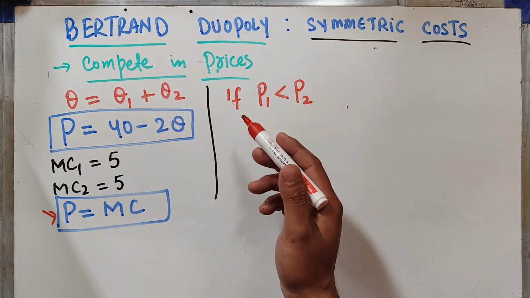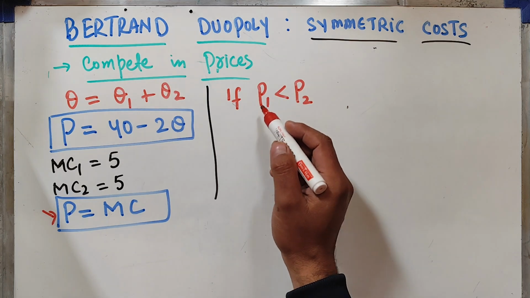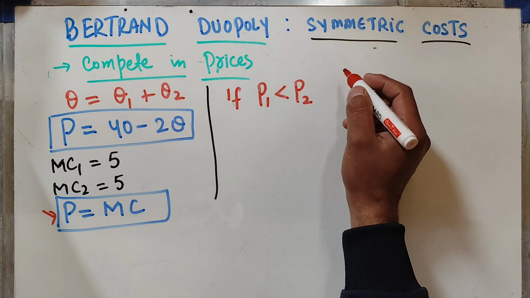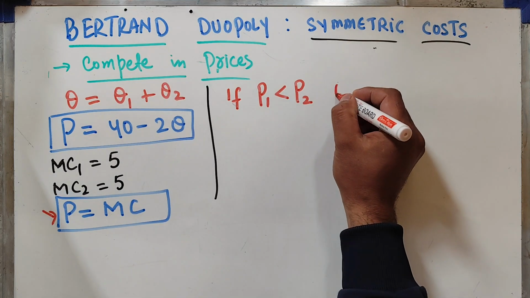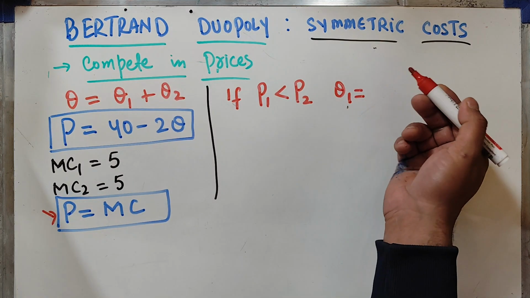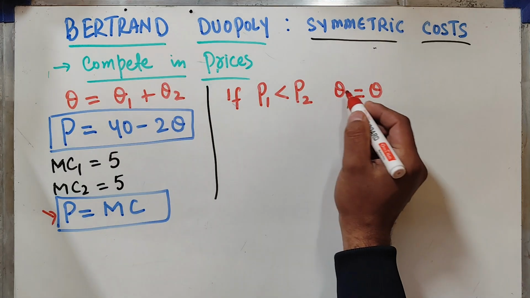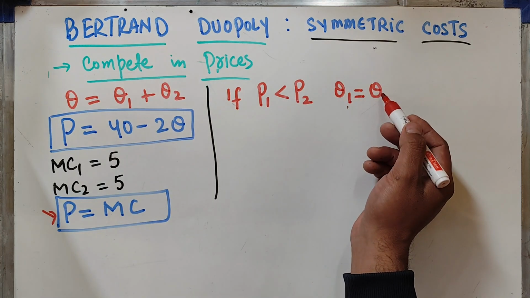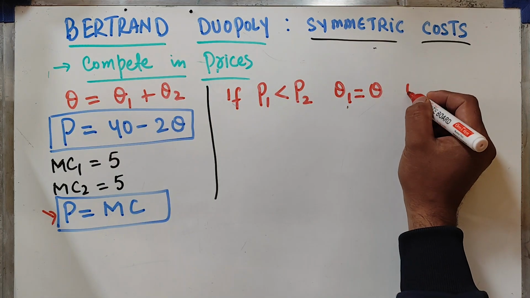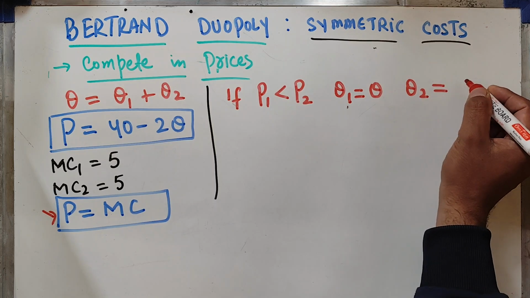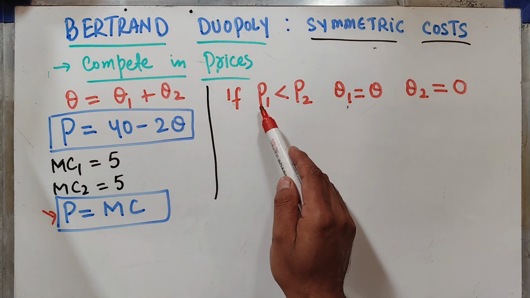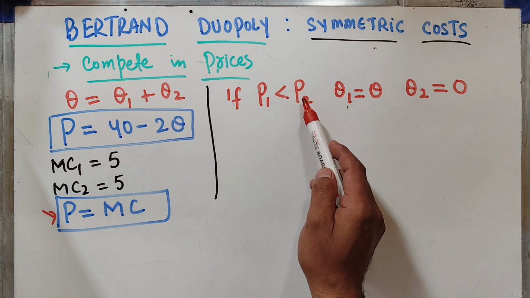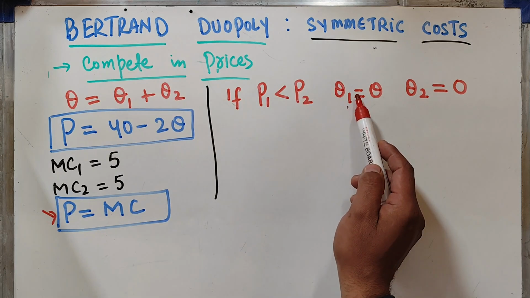Suppose the price firm 1 charges is less than that of firm 2. Then firm 1 will capture all the market and produce Q units of output, and firm 2 will be out of the market.